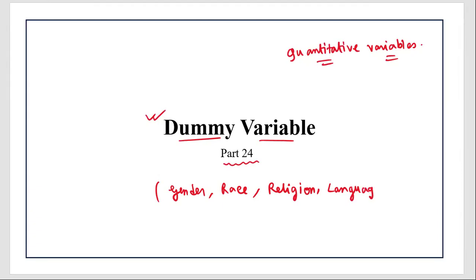These are certain qualitative variables which can also be present in your model, certain variables which could also be present as an explanatory variable in your model, which you cannot quantify.